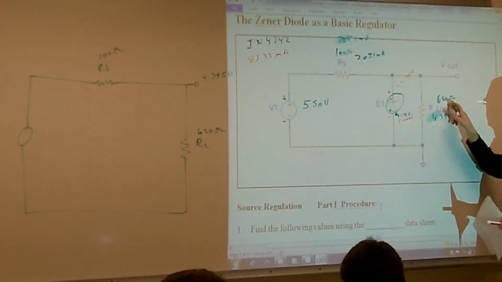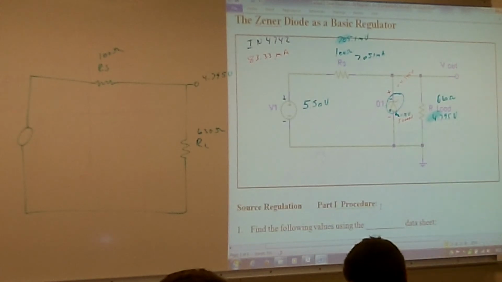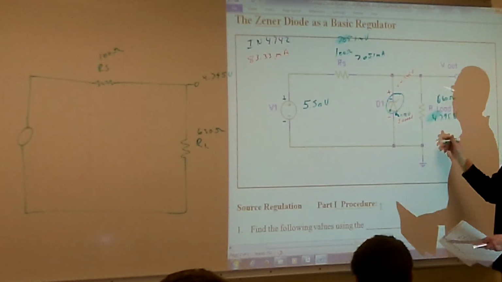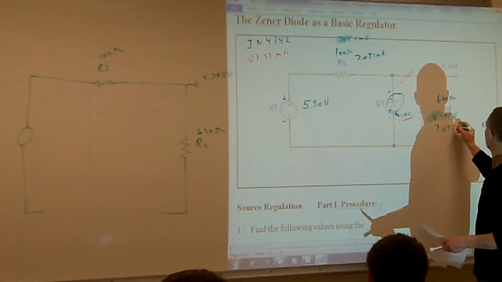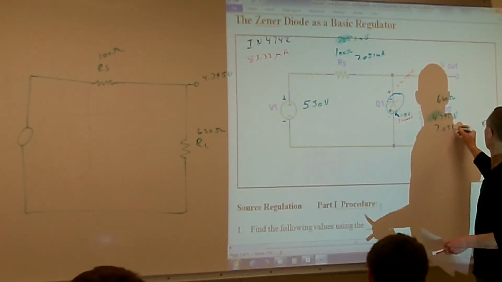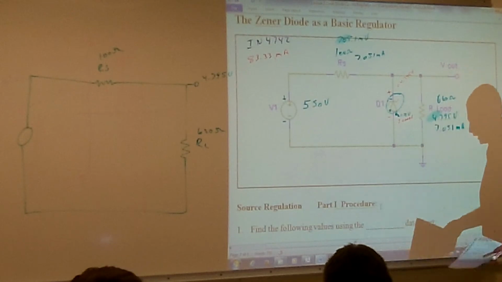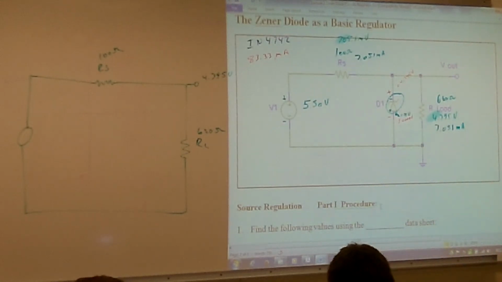Now, because I know my voltage and I know my resistance, I can calculate my current. What would be my current going through my load then? It's a series circuit. So it's going to be how many amps? 7.051 milliamps. Yep. Whatever's going through RS is going across my load.